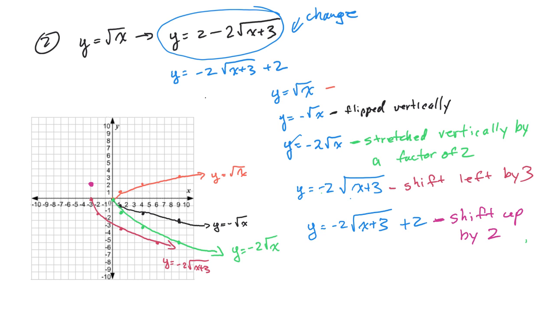The next point goes up to here, the next point goes up to here, and the next point goes to here. So now our graph looks like this. And we can say that this is our final graph, negative 2 root x plus 3 plus 2. And we are done. That's how you graph it.